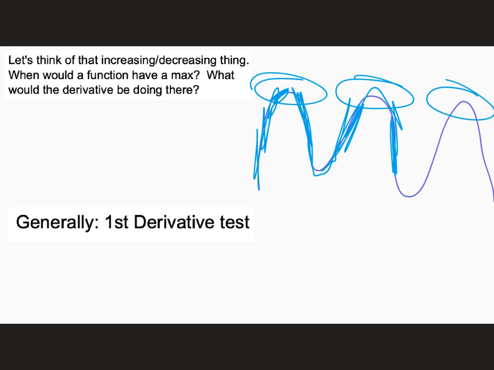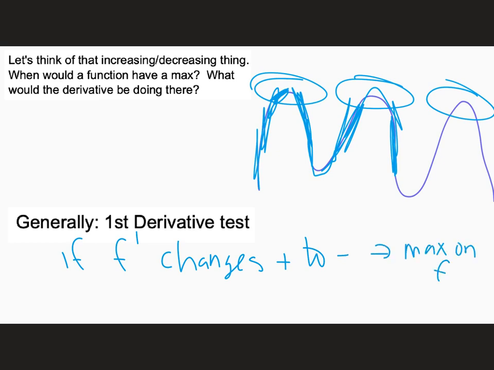So the first derivative test generally says that if we have a function, so if, I'm not going to write it super formally, I guess, f prime changes positive to negative, there's a max on f.